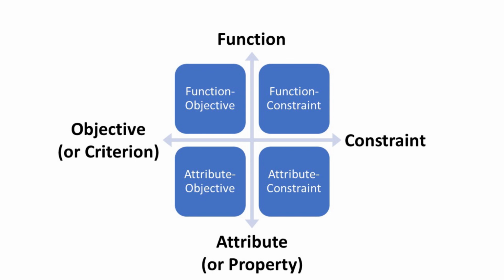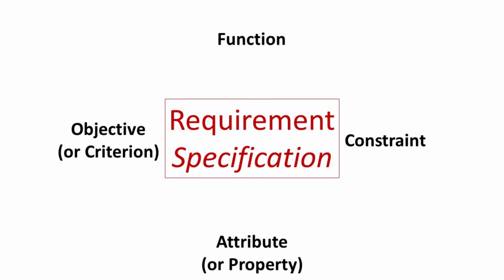When any requirement from any of those categories we discussed can be assessed in a reasonably objective manner, such that there's essentially no ambiguity about whether or how well we've met it, then it's often termed a requirement specification. So, just to be clear about this, whether it's considered a requirement specification is really separate from any of those other categories that we've discussed. So, as a simple example, if we say that something has to weigh less than 10 kilograms, it's an attribute because it's about its weight.